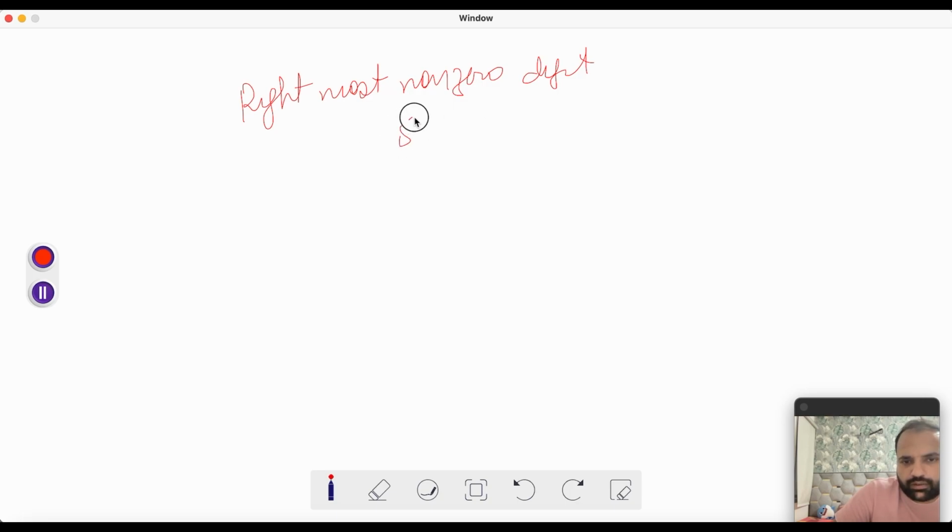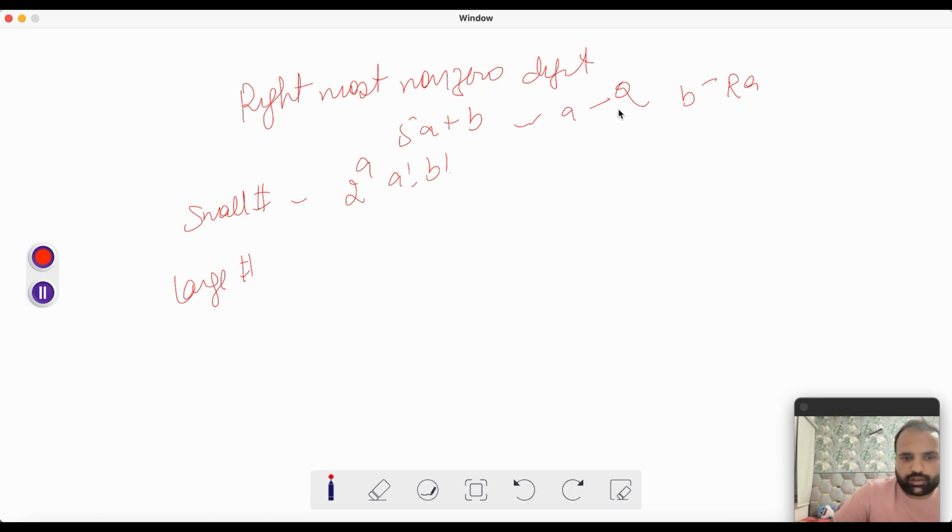How we did it? 5a plus b. Then there were two methods: for smaller numbers we did a different way, and for larger numbers we did a different way. So 2a, a factorial, b factorial, where a is the quotient and b is the remainder. Over here we did 4a, a factorial, b factorial, the same.